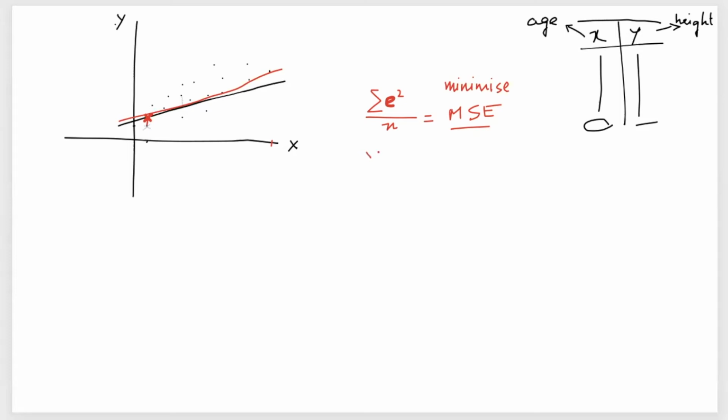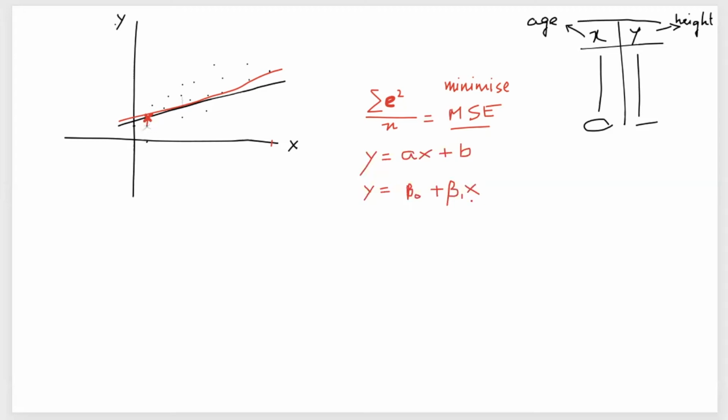Now a little bit further, if I find a line, we know that the equation of a line is y is equal to ax plus b. This is the equation of any line on a two-dimensional scale. From this equation, you will notice that in machine learning we normally write this as y is equal to beta 0 plus beta 1 x.